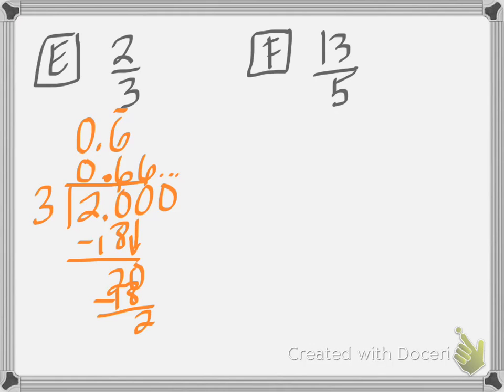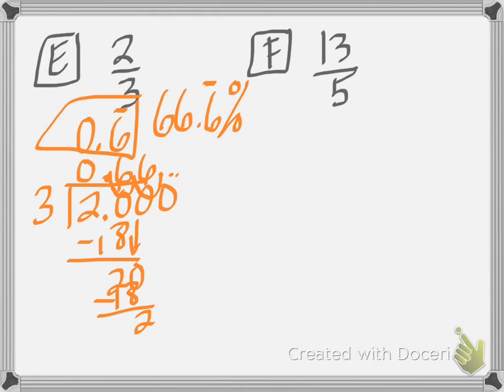So it's 0.666 repeating forever. As a decimal, you can write it like this. As a percent, I need to move the decimal twice. That's 66.6 repeating percent. You will usually see it, though, written as 66 2/3%. It'll usually be written as a mixed number like that.